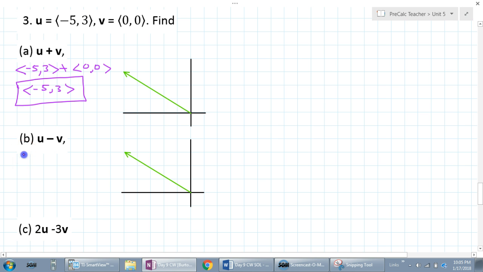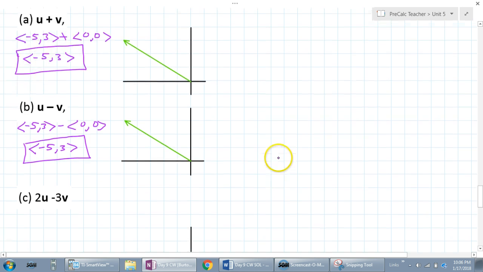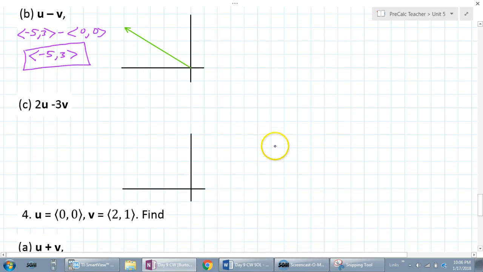And again, if I try to do this algebraically, negative 5, 3 minus 0, 0, that's just going to leave negative 5, 3, same as before. Okay, so this problem feels a little bit silly. Anyway, let's just follow through.